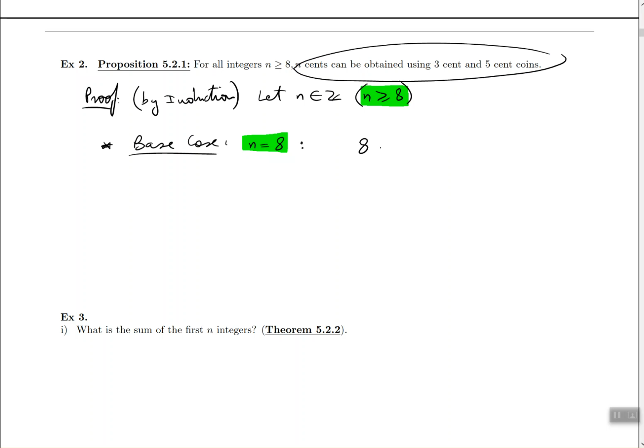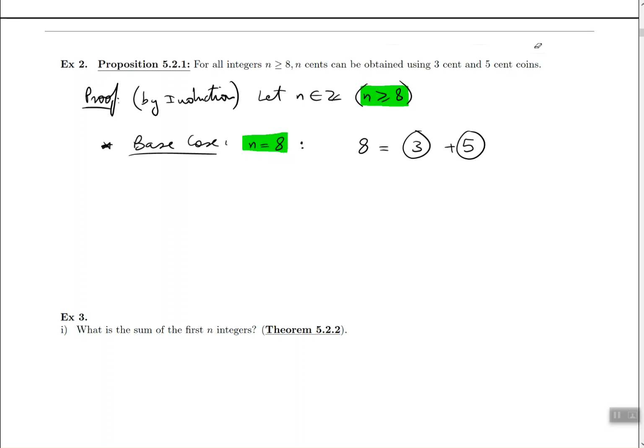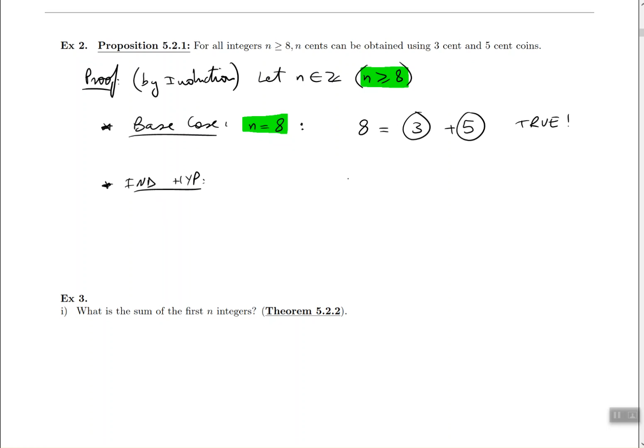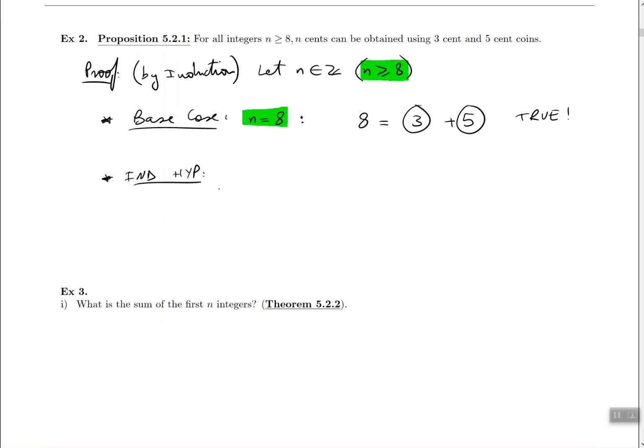And it does, because 8 would be a 3-cent coin plus a 5-cent coin. So the theorem is actually true, and we're basically done with the base case. So now the inductive hypothesis. In the inductive hypothesis, we're going to suppose that the theorem is true for a random n.